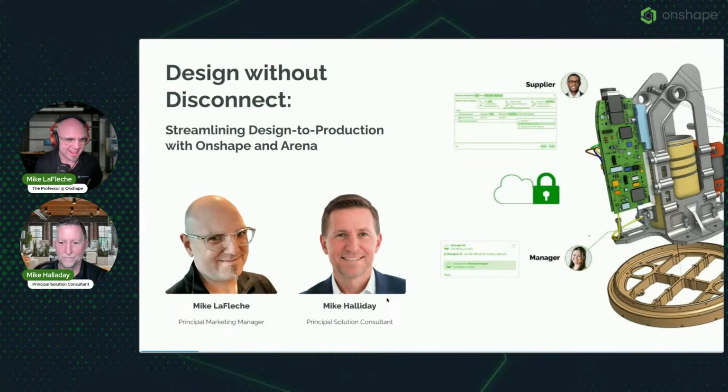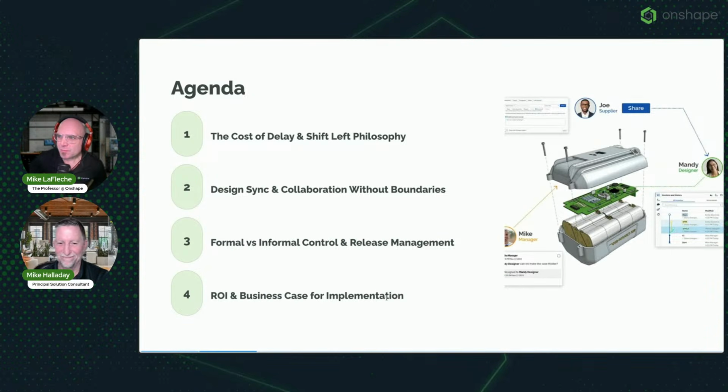So today I mentioned this cost to delay and shift left philosophy. There are some metrics that companies track that we'll be talking about during today's demonstration, trying to link being able to find problems sooner, fail early, find problems faster, by involving product experts sooner in your design process.